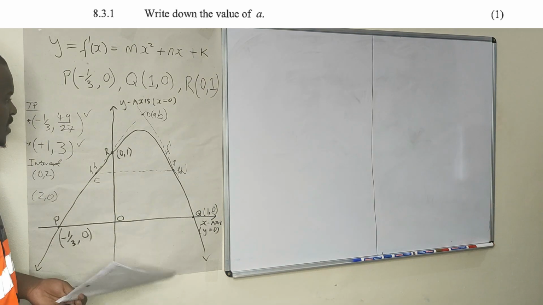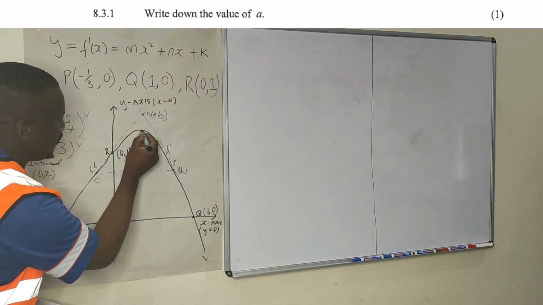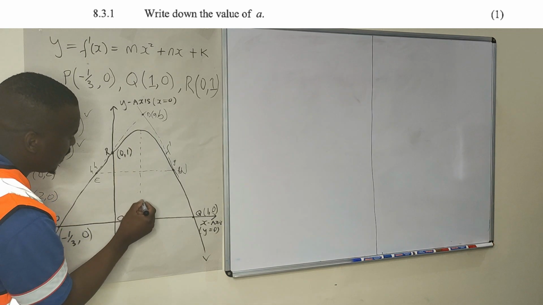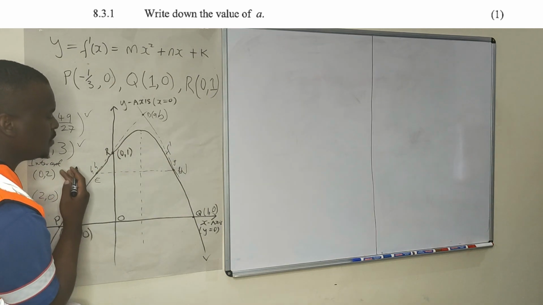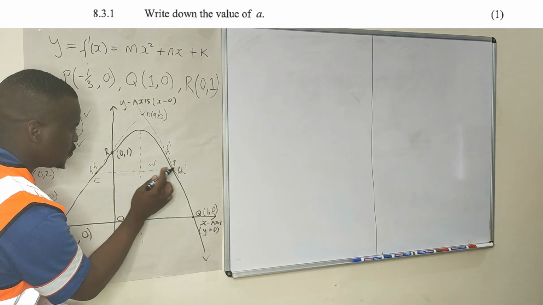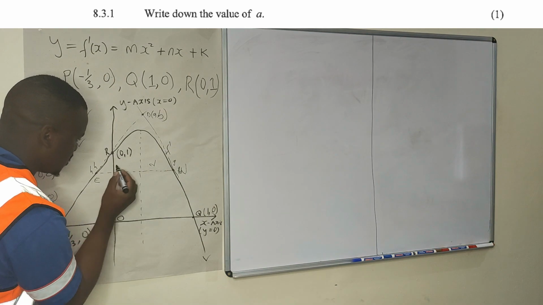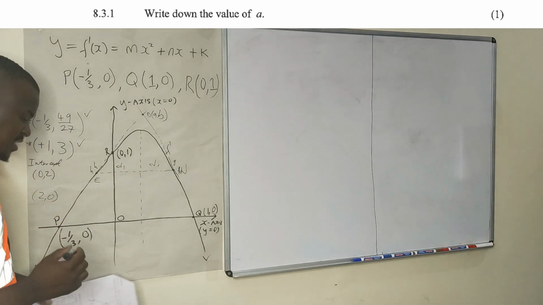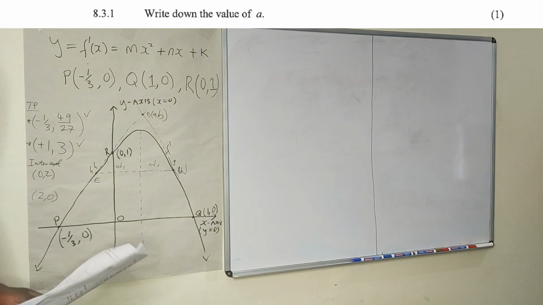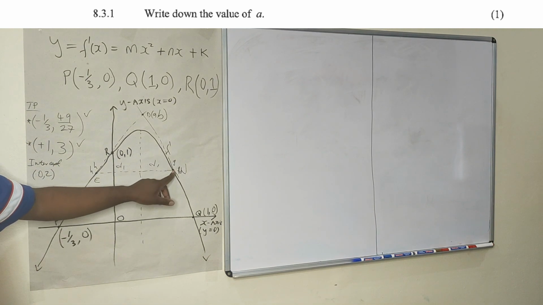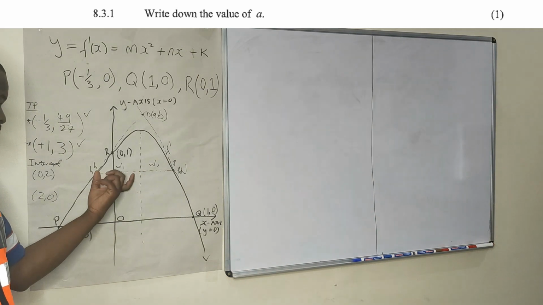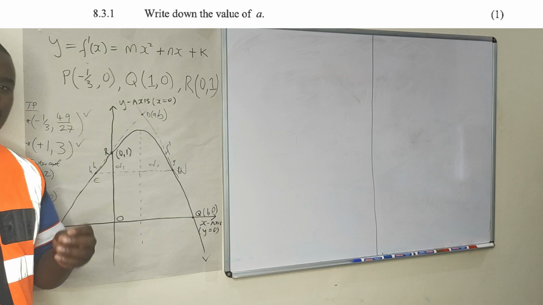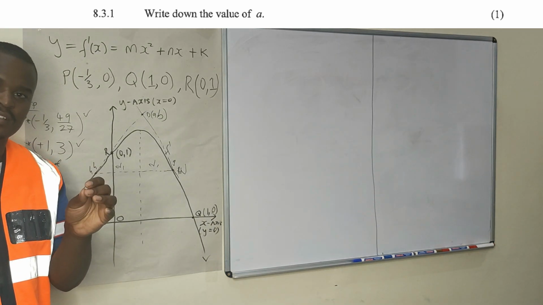So what you need to know is that the turning point here is the axis of symmetry, which means our parabola is symmetrical about this line. So this distance from this point to that point is the same as the distance from this point to this point. A point here and the point there have similar properties, such that they are at the same distance from the axis of symmetry, and their gradients will have the same size but different directions.